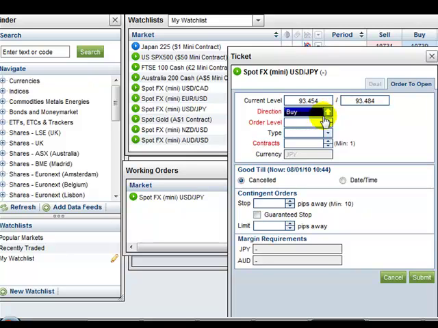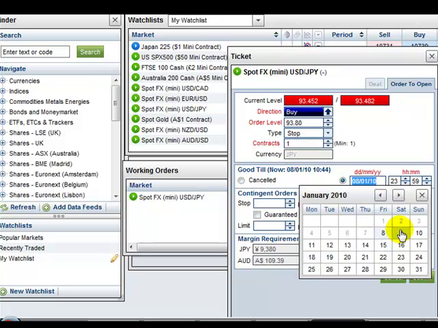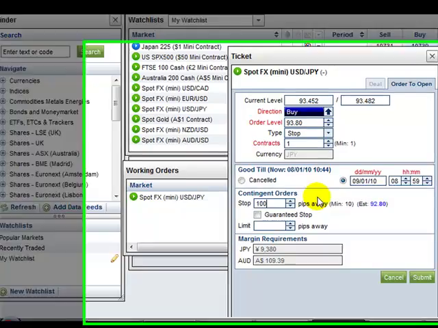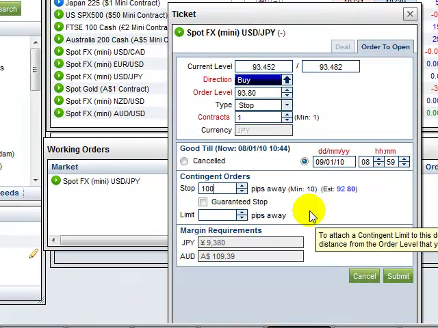So we want to get in long, we want to get in only at 93.80 if that price is reached. It's a stop order. We want to get another one contract. Date and time is the next day at 08, and stop loss is 100 pips away, and we don't put a limit on this half of the order, and click submit.